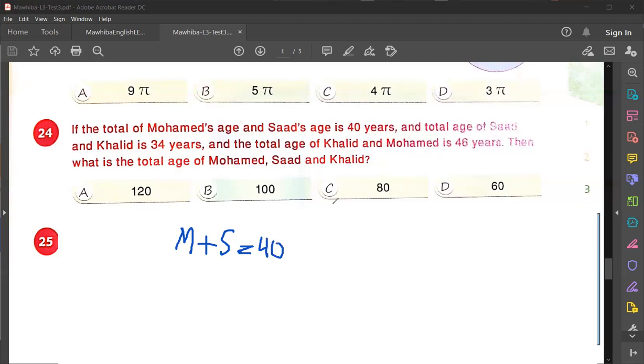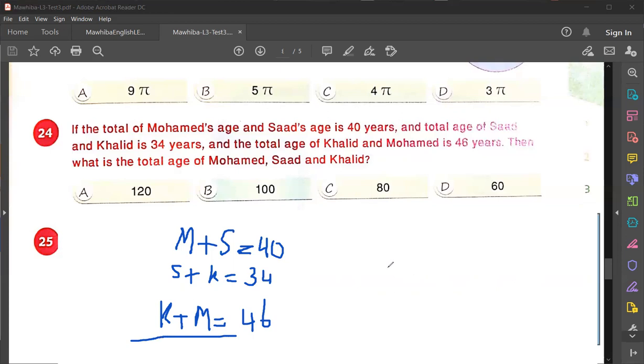And the total age of Saeed and Khalid equals 34, right? And the total age of Khalid plus Muhammad equals 46. Then what is the total age of Muhammad, Saeed, Khalid? You only add.